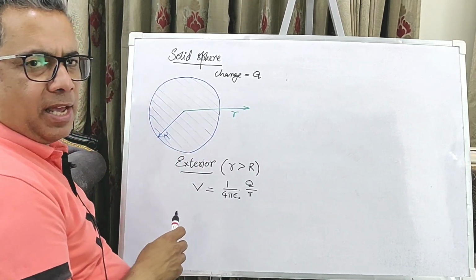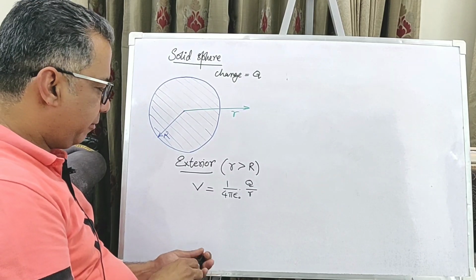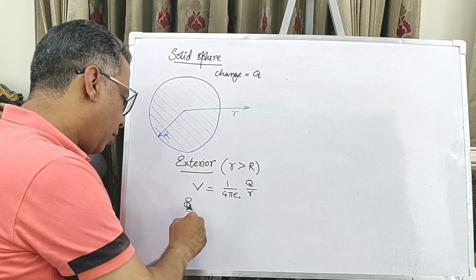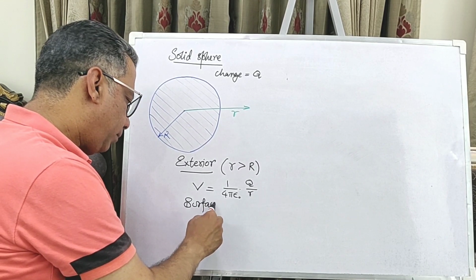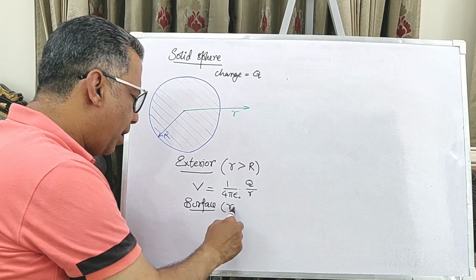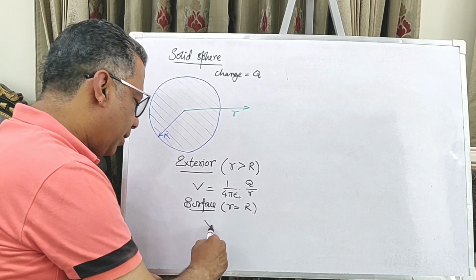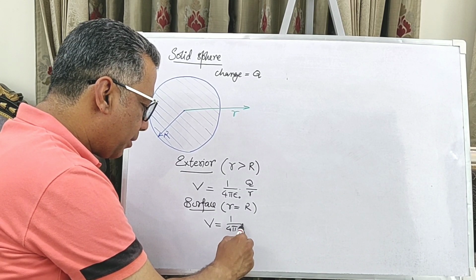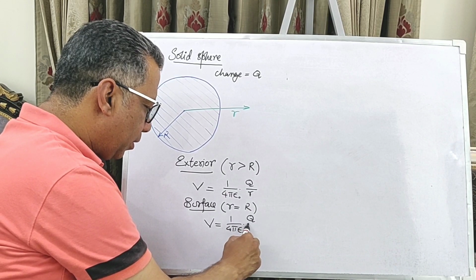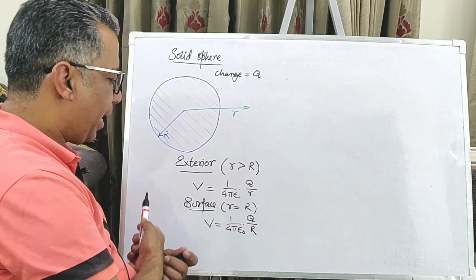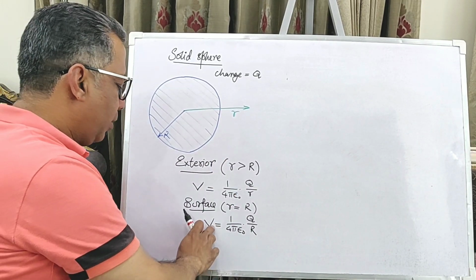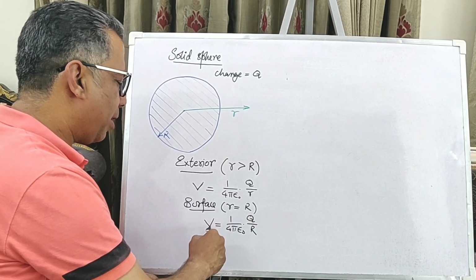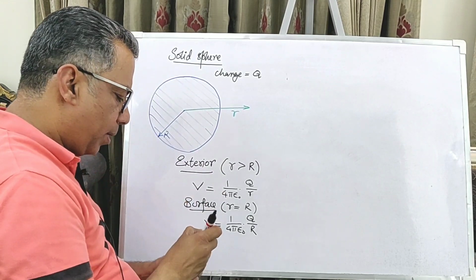Now what about the inside of the sphere, or let's say first at the surface of the sphere? On the surface where small r equals capital R, your potential is going to be 1 by 4 pi epsilon naught Q by capital R. So the potential now is 1 by 4 pi epsilon naught Q by capital R on the surface.